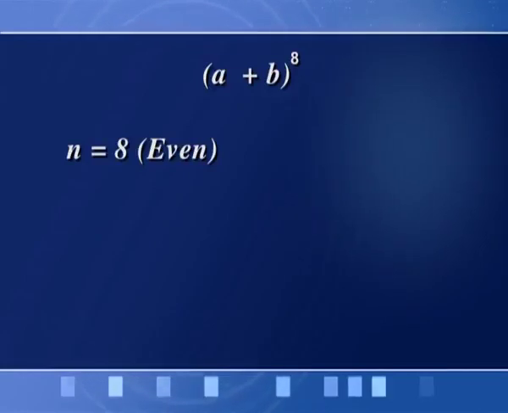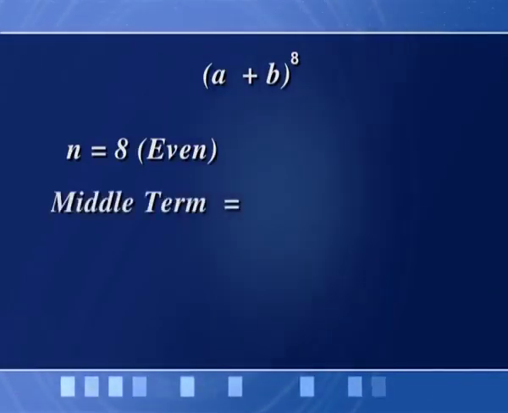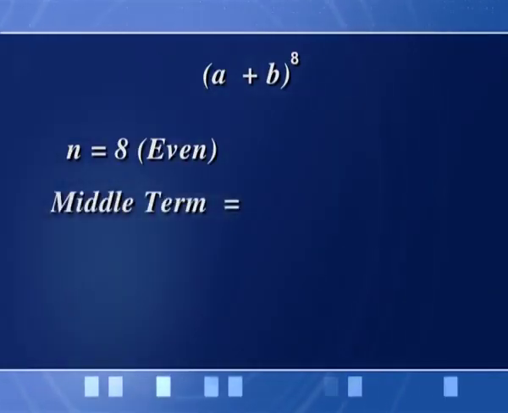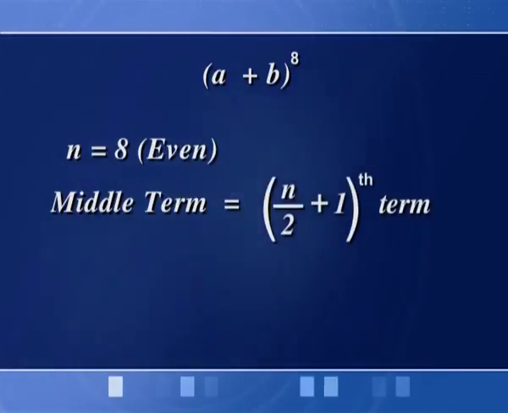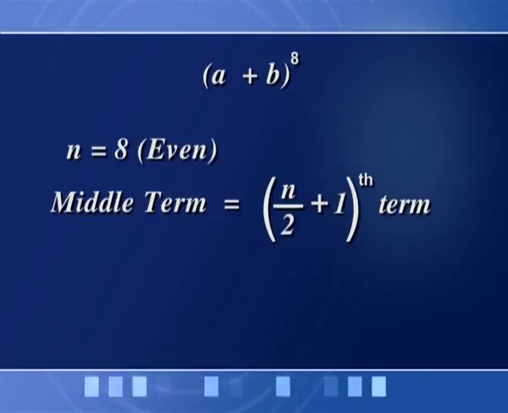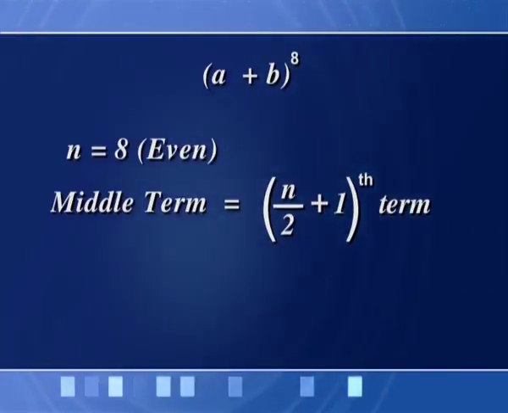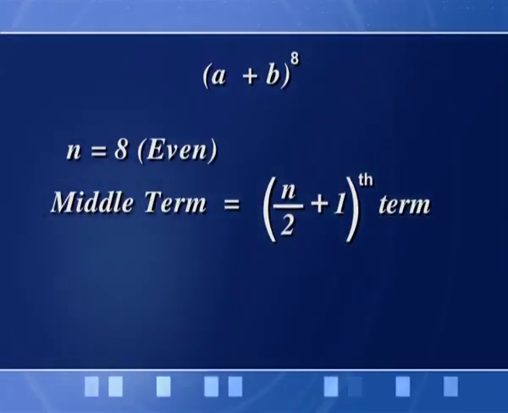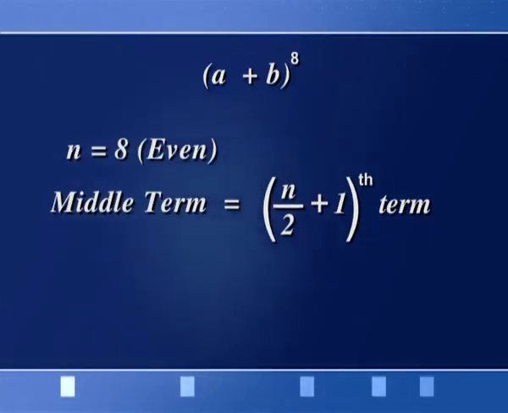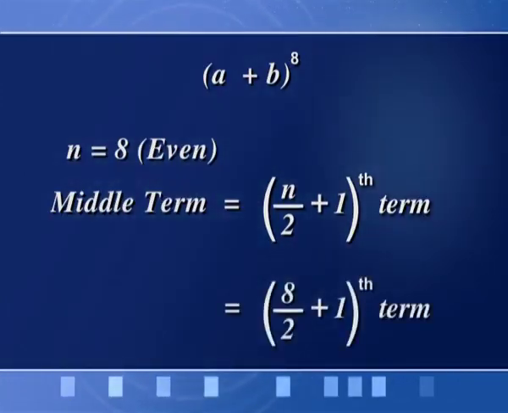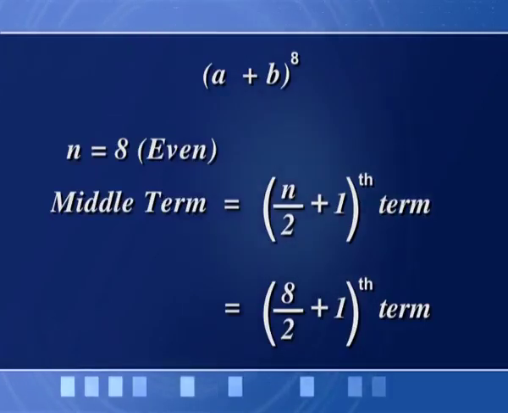Whenever the power of the binomial is an even number, the middle term is given by the (n/2 + 1)th term. Suppose the power given to us is 8, then the middle term will be the (8/2 + 1)th term.